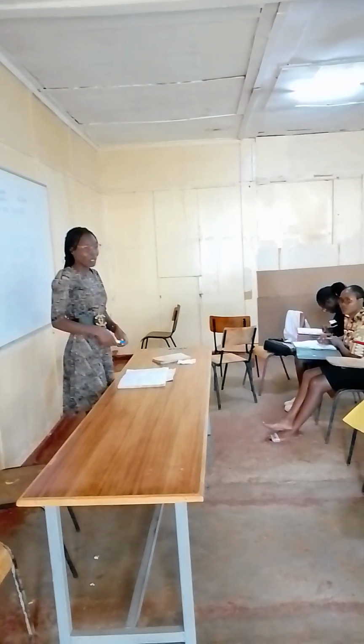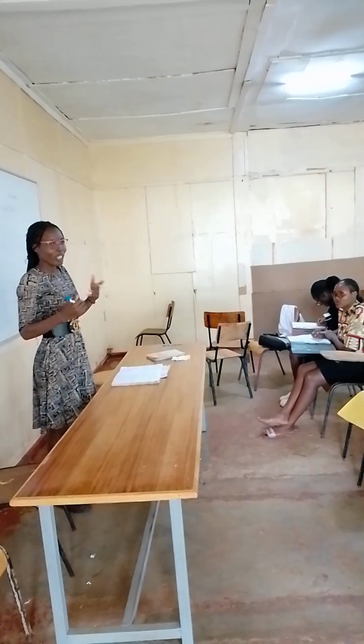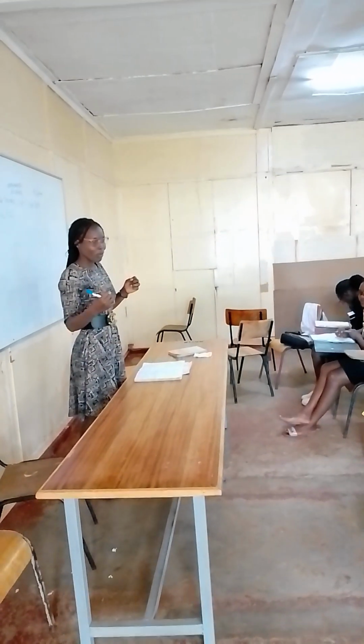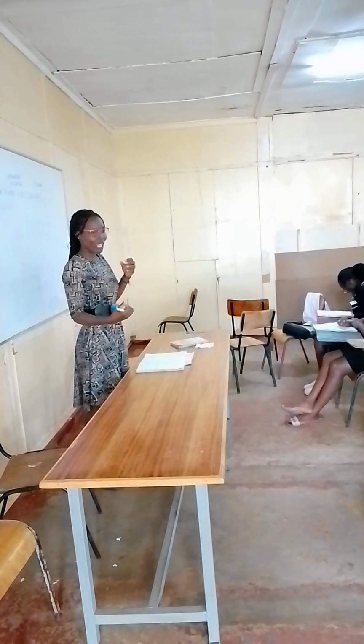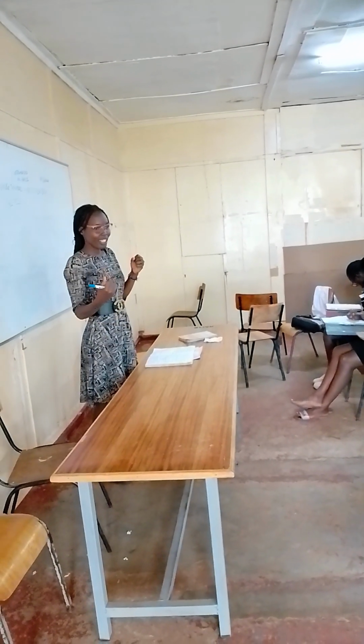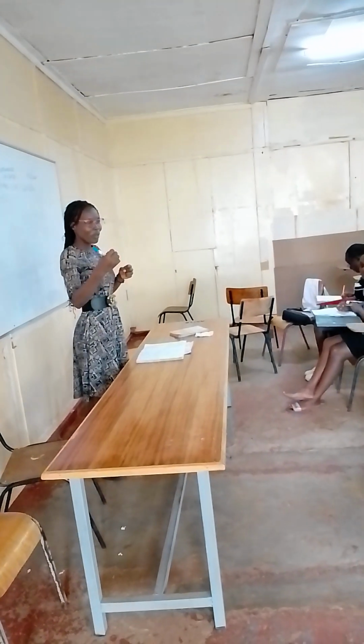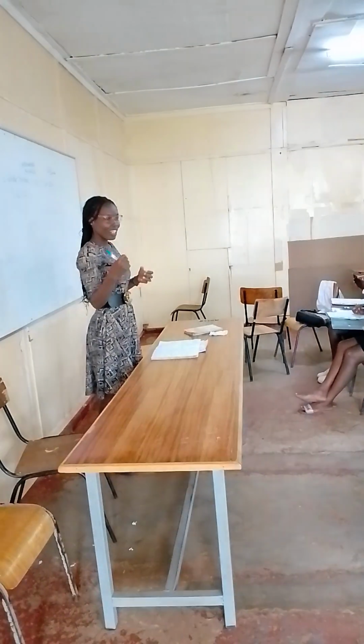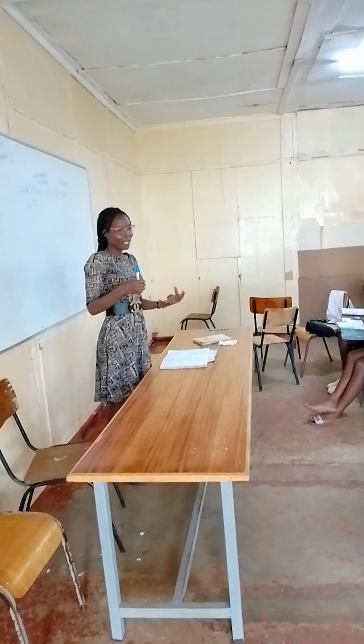Okay, these are ways to handle a light microscope. When you carry a light microscope, you are supposed to carry it with both hands: one hand holds the arm and the other hand holds the base.